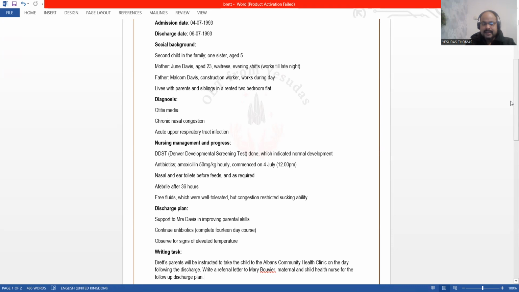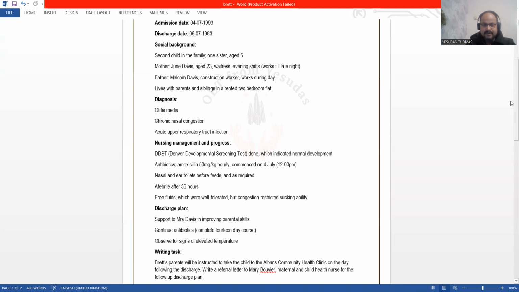Now, antibiotics: amoxicillin 50 mg per kg, commenced at 12 p.m. on 4 July. So this is the main antibiotic started. In the discharge plan, we have the note here: complete 14-day course. So we started on 4 July, that's the date of admission.